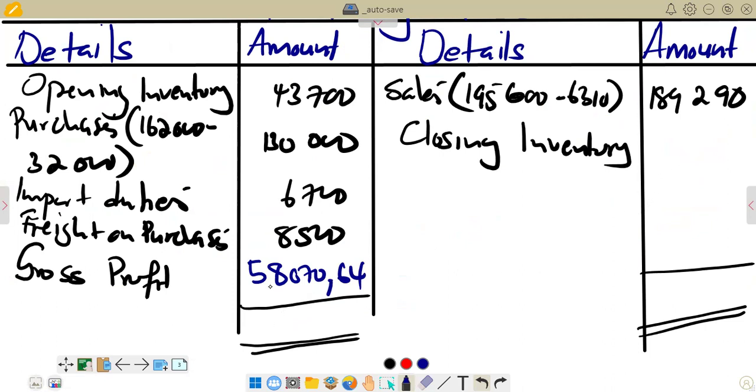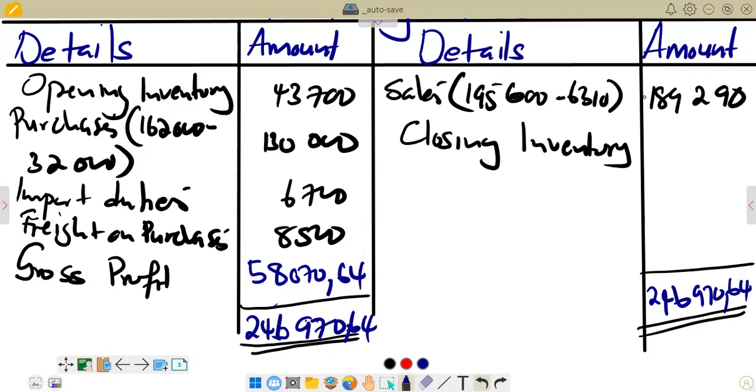So the total for the debit now, including this 58,070.64, becomes 246,970.64. And then it's going to come both sides, 246,970.64.